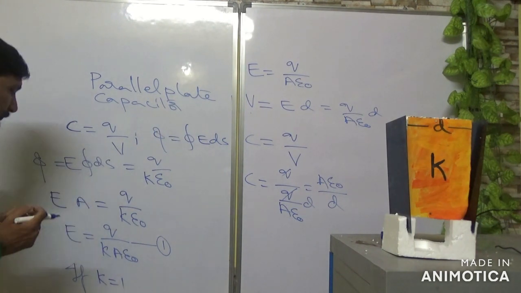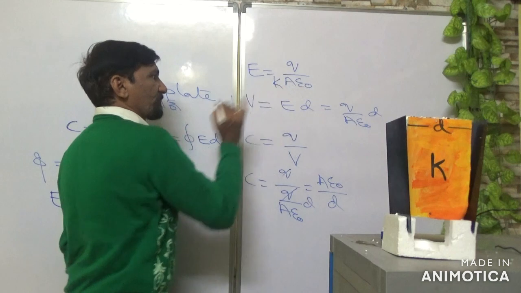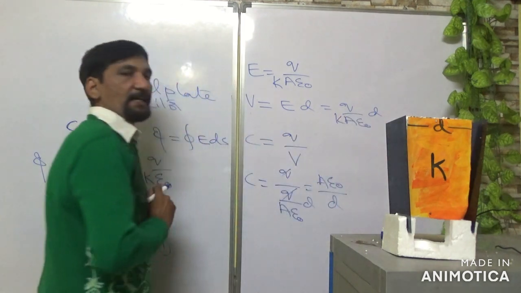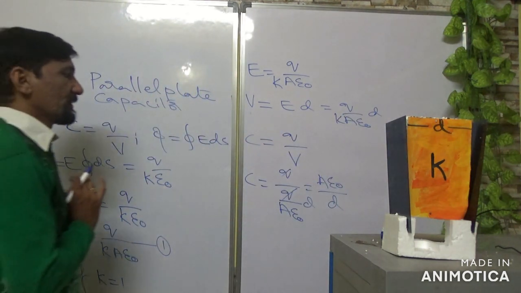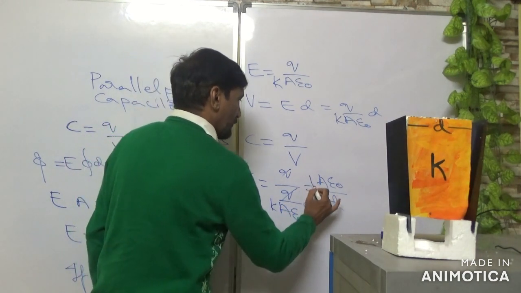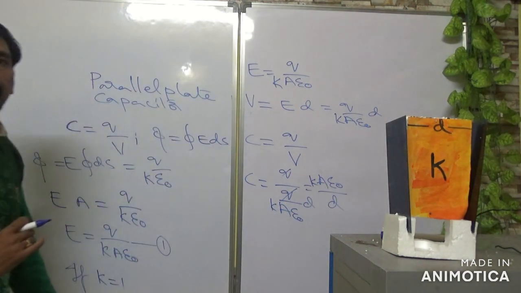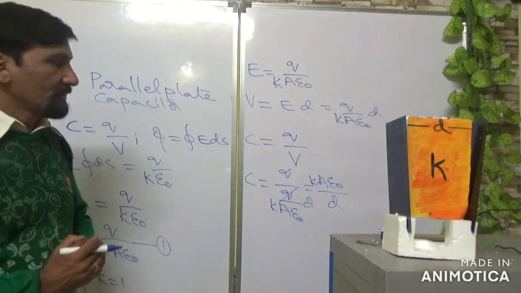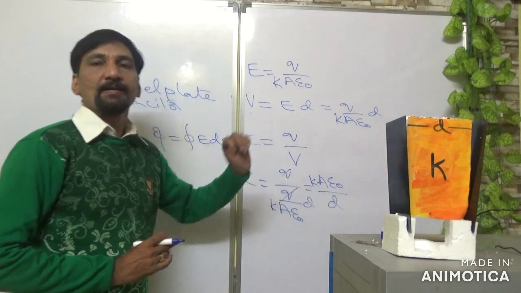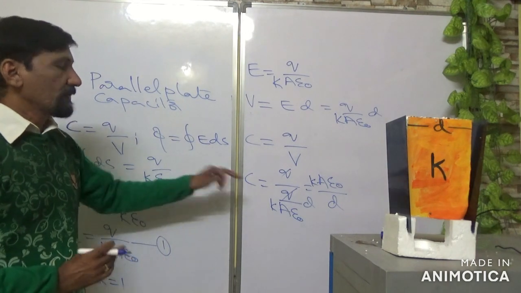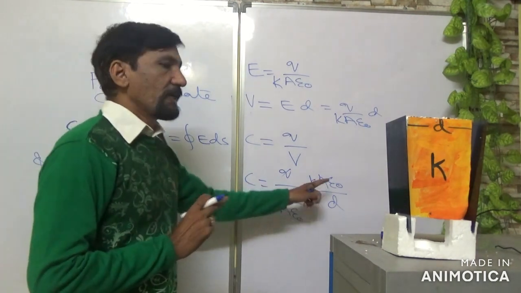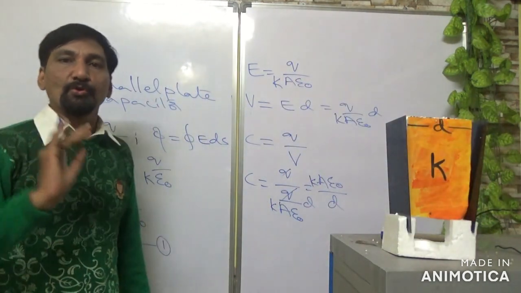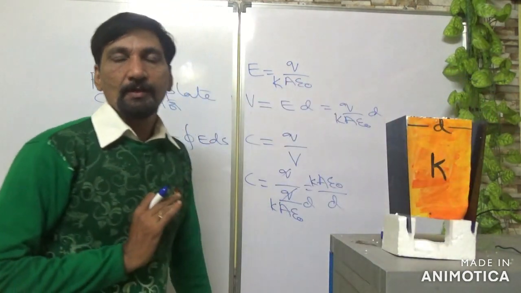Then we keep this K as it is, so V is Q by K A epsilon naught into D. This K comes into the numerator, so the formula for a parallel plate capacitor fully filled with a dielectric is K A epsilon naught by D. From this we conclude that capacitance depends on the area of the plates, the distance between the plates, and also the dielectric between the plates.